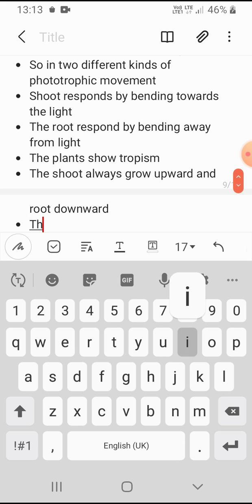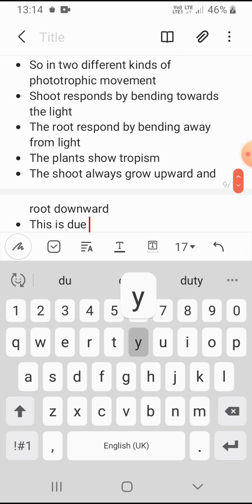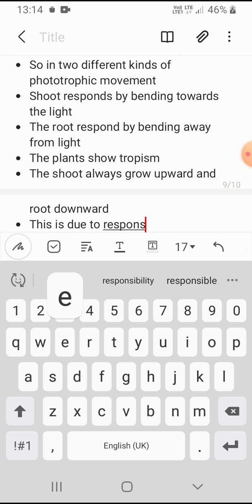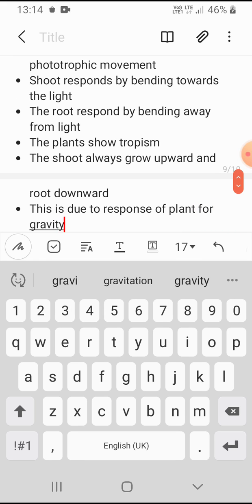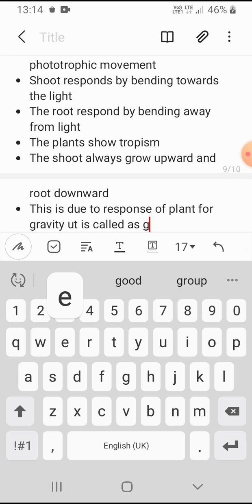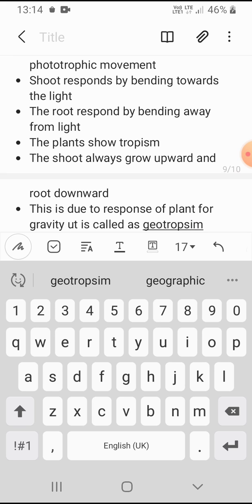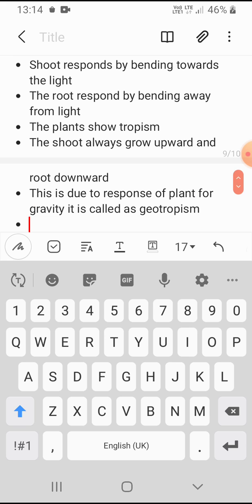So this is due to the response of the plant to gravity. It is called geotropism. When the shoot goes upward and the root goes downward, this is called geotropism.